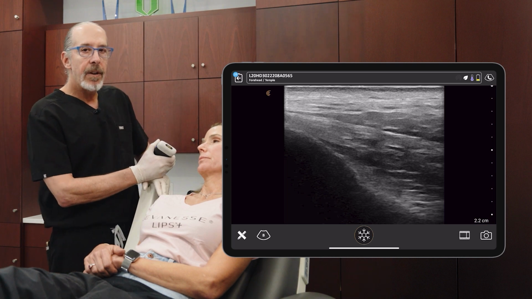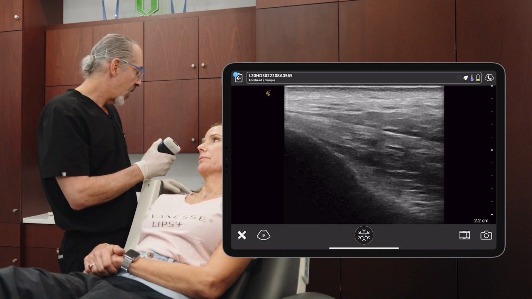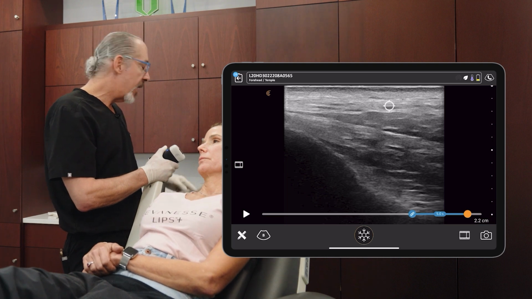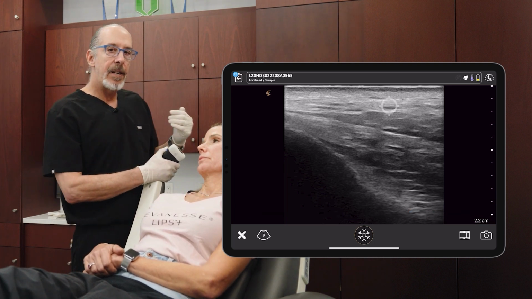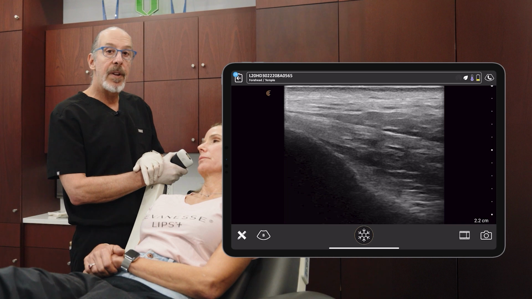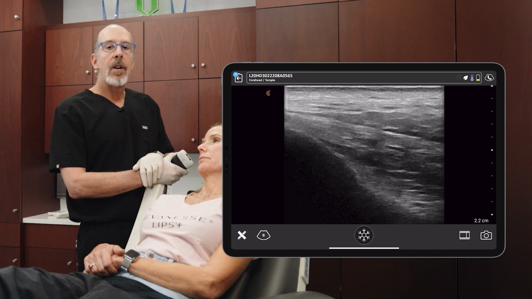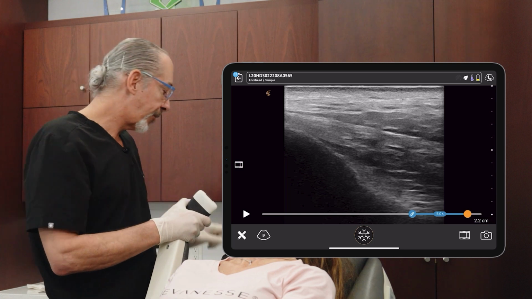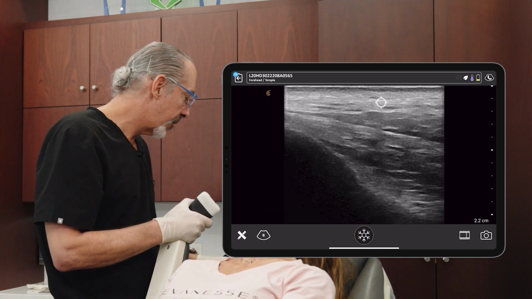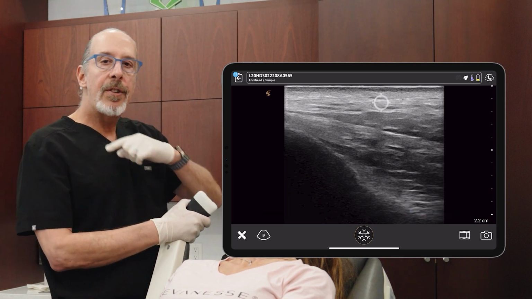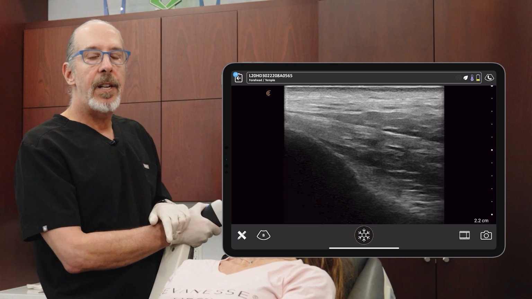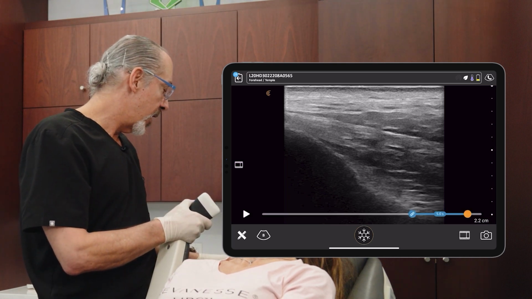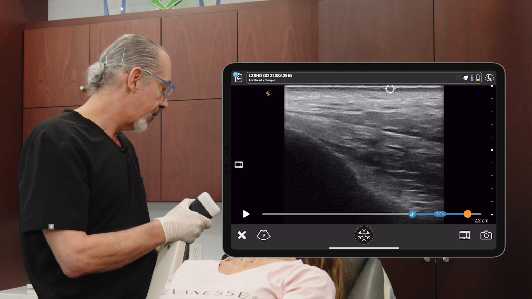That's called the interfascial plane. And that's right here. And then superficial to that is going to be your superficial temporal fascia, or your temporal parietal fascia, or your SMAS layer. So that's right here. And then superficial to that, it's going to be subcutaneous tissue, subcutaneous fat, and skin. Right here, and then skin's above here.